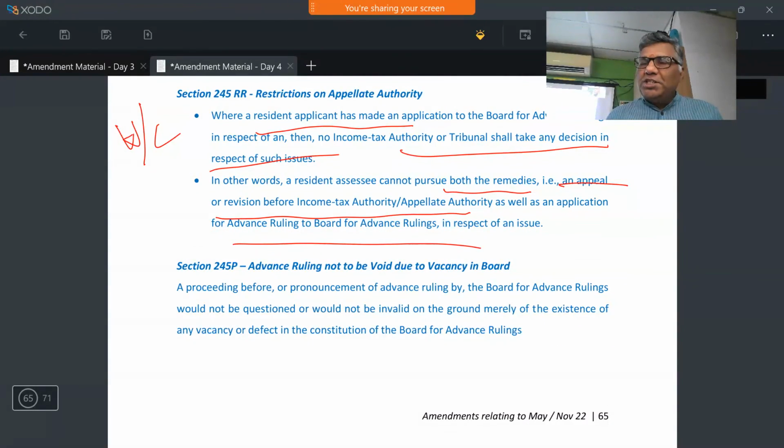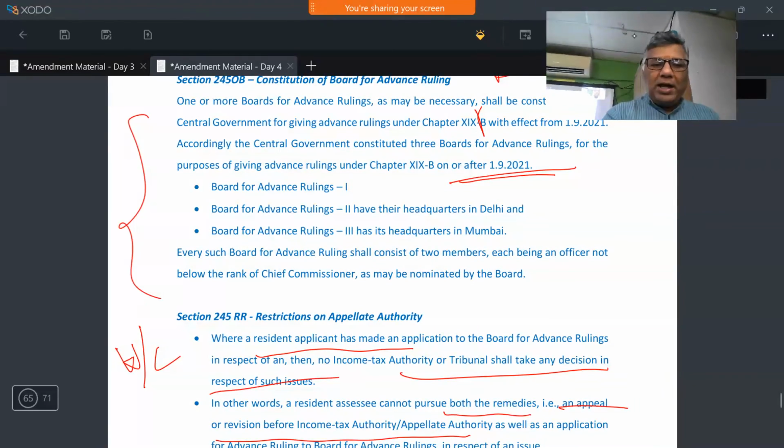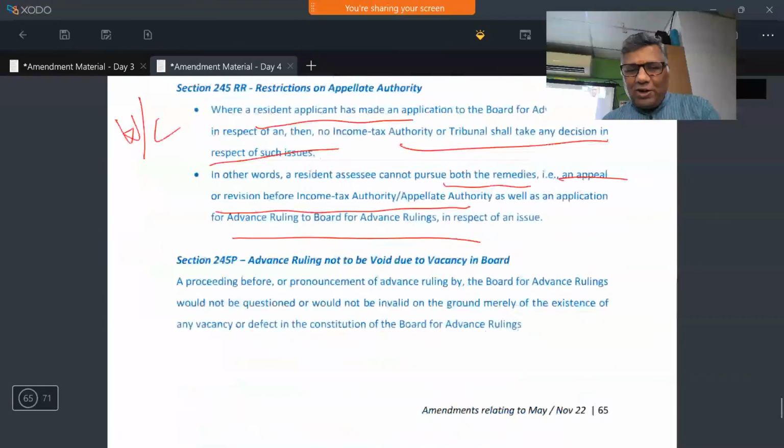Just because the board is not properly constituted, whether it has 2 members, 3 members or 5 members, that is the doctrine of indoor management. Just because the board is not properly constituted, the advance ruling cannot be void.